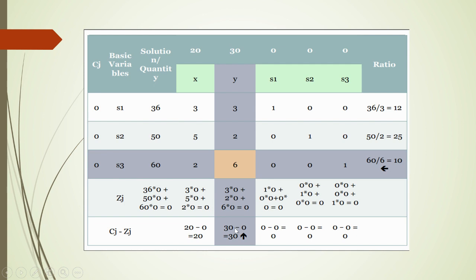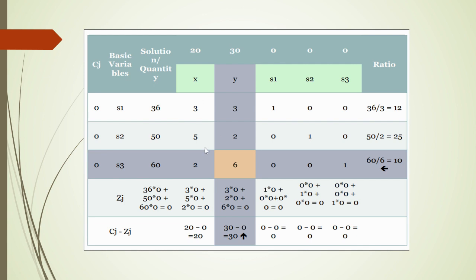Now we'll see what is the pivot row. So how we take the pivot row is we will divide the right hand side values, which are 36, 50, 60, by the pivot column elements. Here 3, 2, 6 are the pivot column elements.